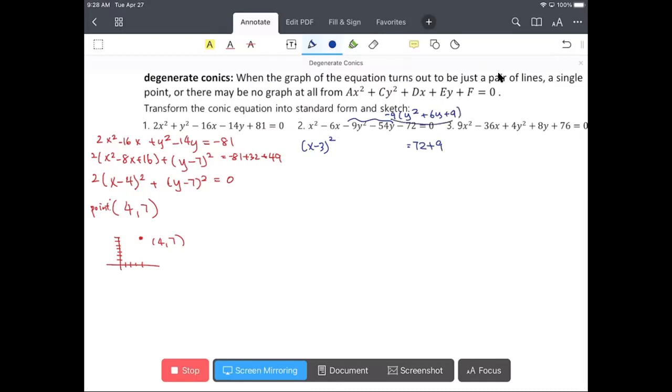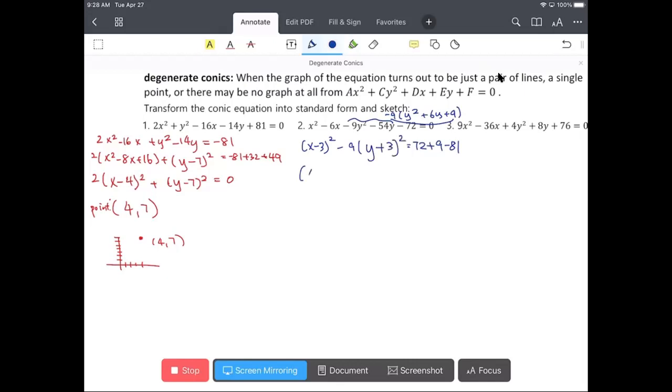But when I distribute with -9, so -9 times 9 gives us -81, so I must subtract 81 on the other side as well. Now I can complete the square, so this part will be y plus half of b, which is half of 6, equals 3, and then square.